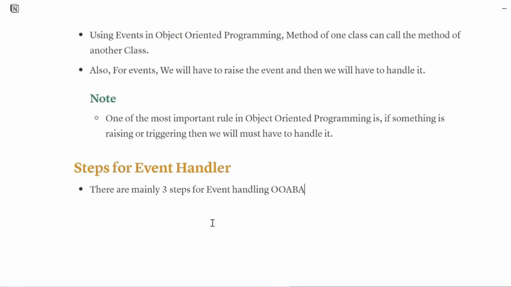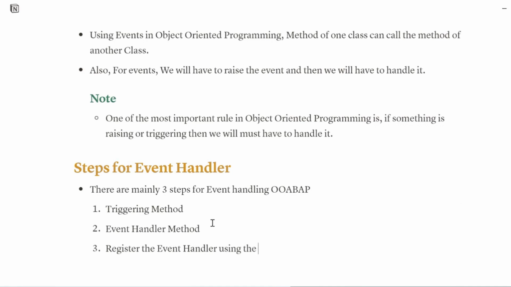First one will be your triggering method, second one will be your event handler method, and the third one will be to register the event handler using the SET HANDLER statement.